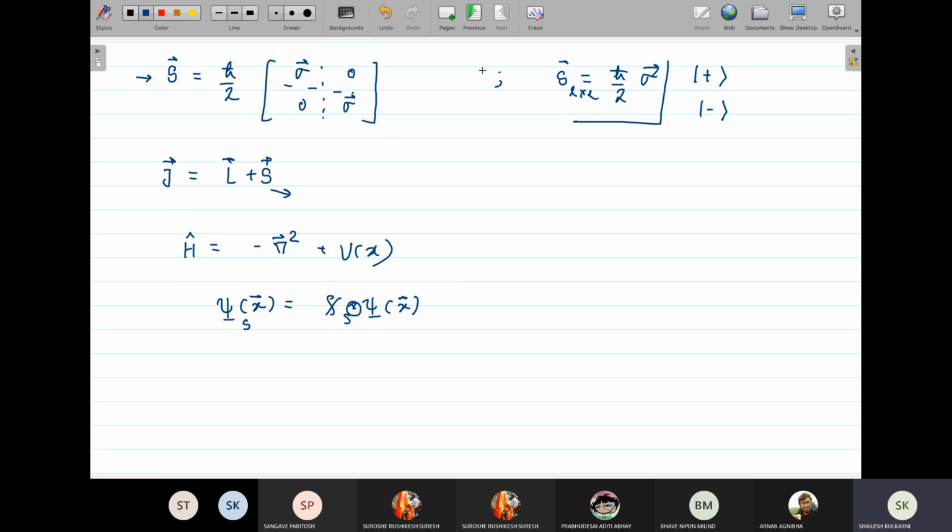But here it's not the case. Here it is coming as a requirement of the theory. So you see how the principle of relativity is so crucial.